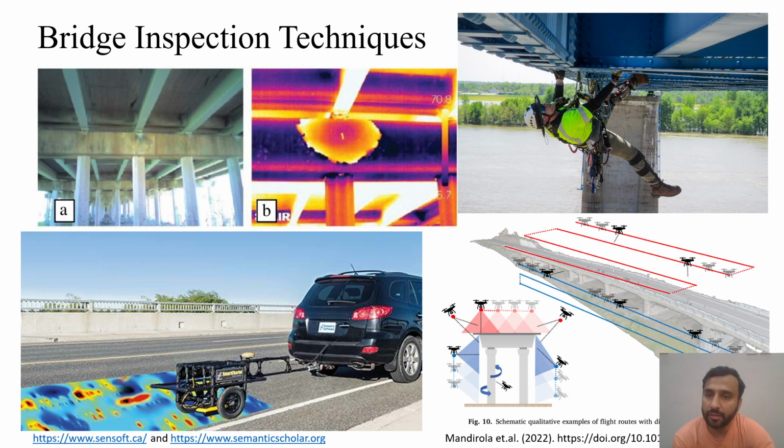Another technique is the use of drone cameras, which take images of the bridge from different angles, and then using software, a 3D image of the bridge is created that can later be used for identification of its weaker components. Sometimes there are very large bridges, just like in Japan.